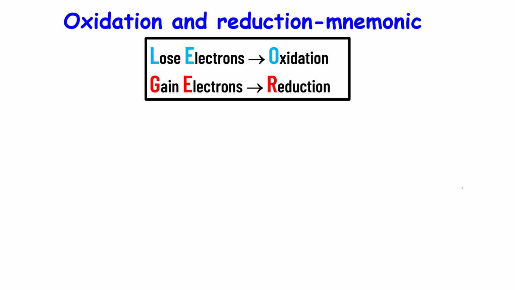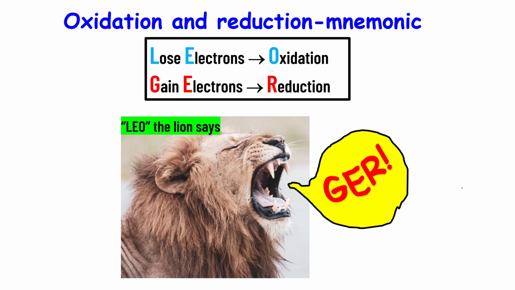How do we remember this? We remember this using this mnemonic that says Leo the lion says GER, because LEO stands for lose electrons is oxidation, and GER stands for gain electrons is reduction. So Leo the lion says GER is one useful mnemonic.